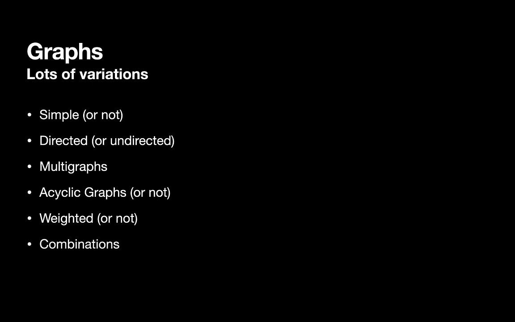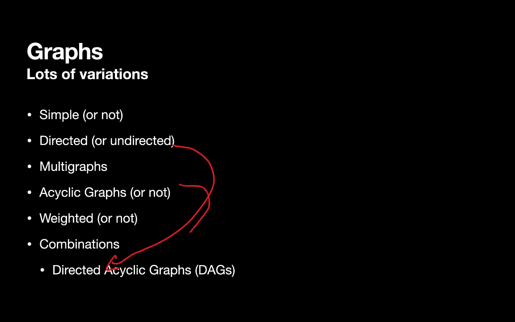Almost every graph we'll talk about will have some set of these properties or have some of these properties absent. One of the things we'll see soon is something called a directed acyclic graph, or a DAG. As the name implies, it's a combination of both being directed and being acyclic. So it's a combination of 2 of these properties.